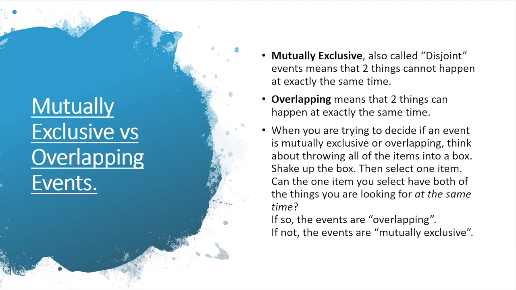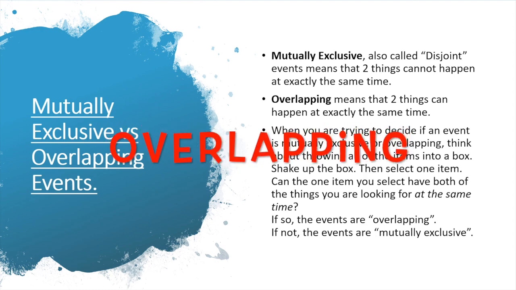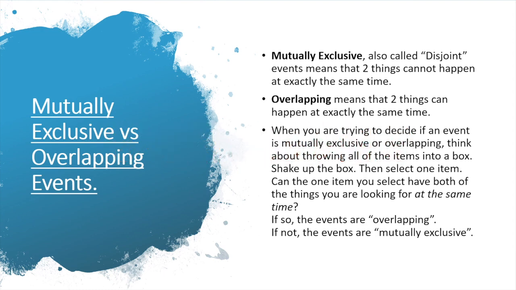They're mutually exclusive. They can't happen together. Overlapping events mean that you can have both things at exactly the same time. One does not mean that you can't have the other. You can have both.